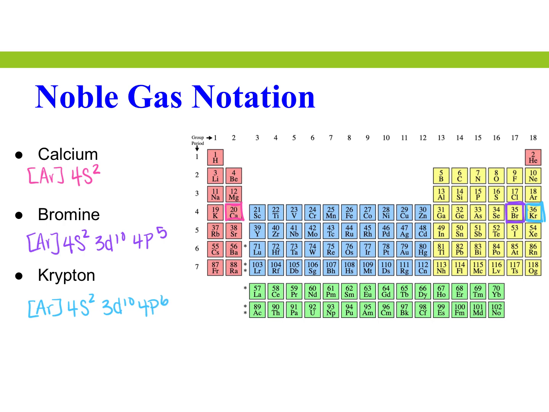The reason you have to write it out is that we want to see those valence electrons, which are in the 4s and the 4p. And so we can see that krypton has all 8 valence electrons.